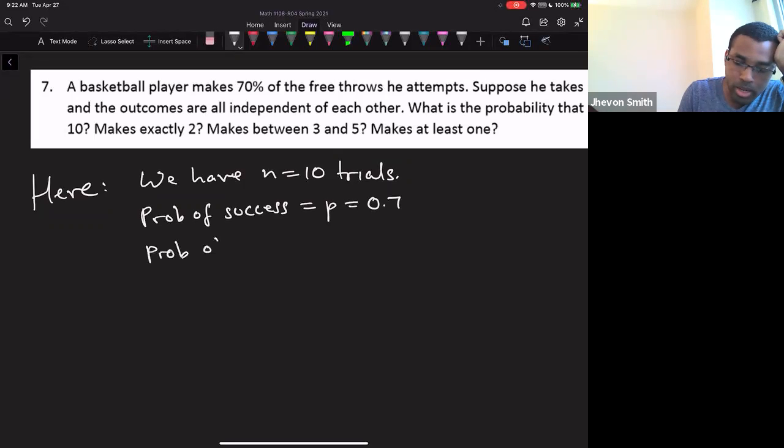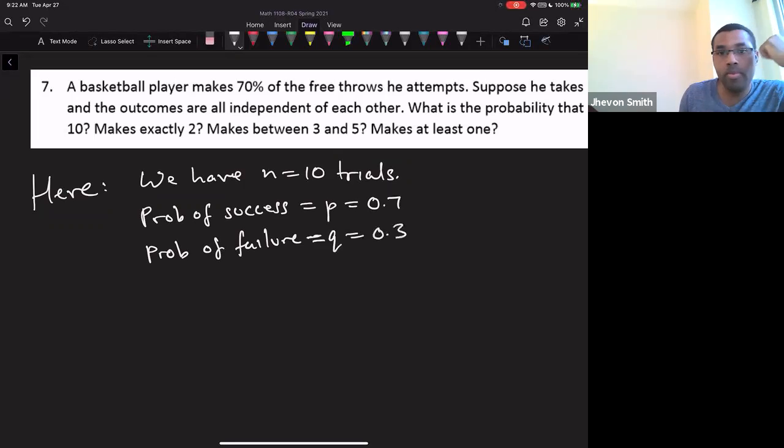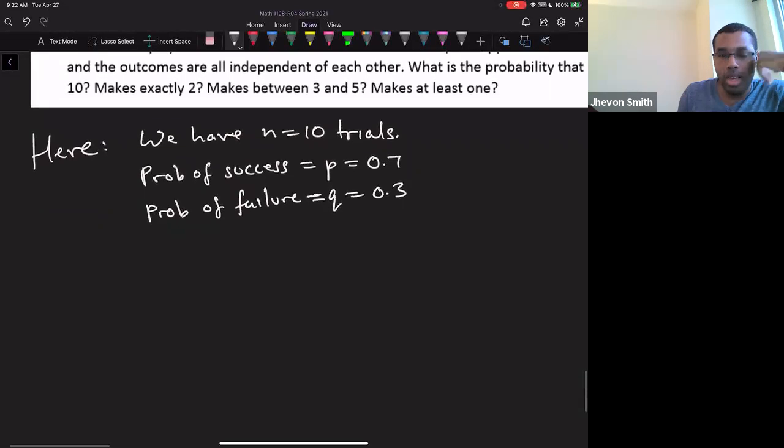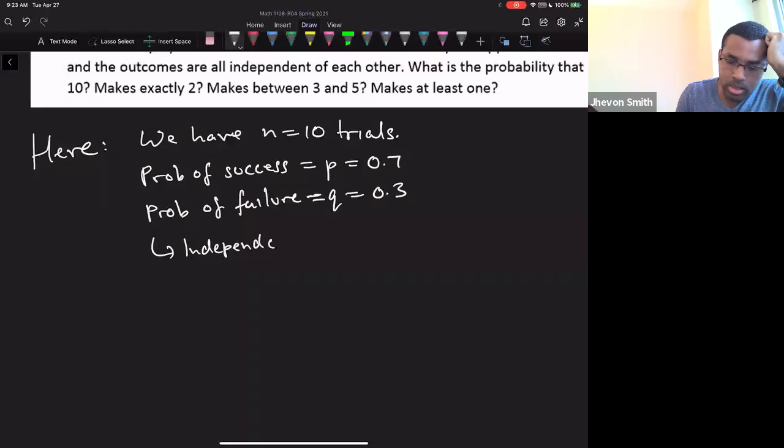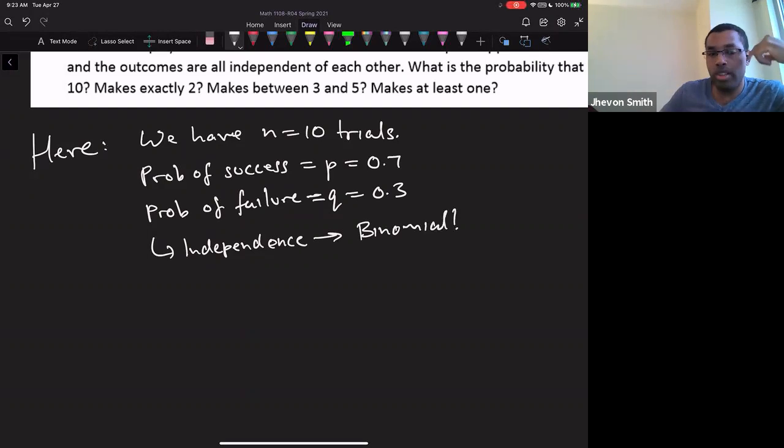We know that the probability of failure is 0.3. And we have independence. So this means it's binomial. He's doing the same thing, just taking free throws. Only two outcomes. He can make it or he misses it. That's the probability of doing either. And each one is independent.